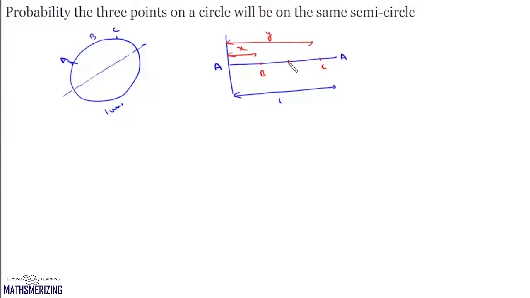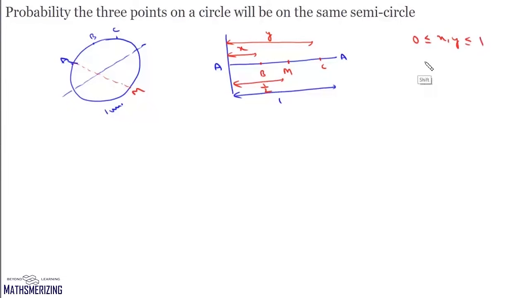And suppose the midpoint of this line, which corresponds to the diametrically opposite point across A, and this distance is 1 by 2. Now clearly the value of x and y will lie between 0 and 1.